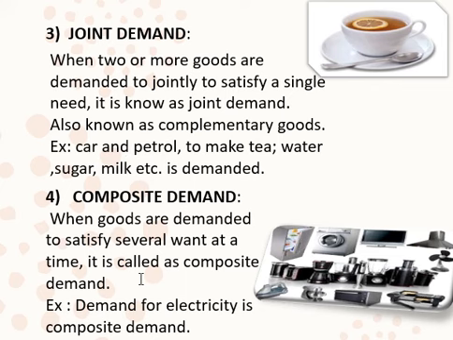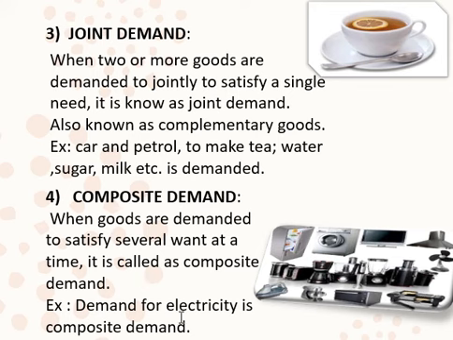Moving on to the fourth kind, that is composite demand. When goods are demanded in order to satisfy several wants. There are various wants that we have, right? We cannot wait for one want to be completed and then start another. For example, electricity.